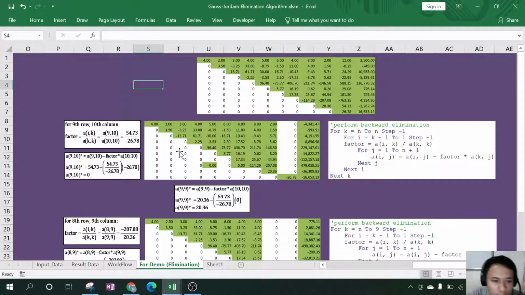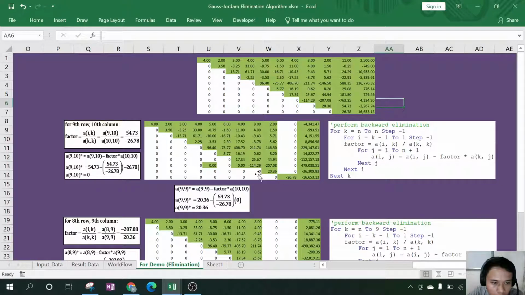From our previous data, from the finish of forward, we need to perform step 1 for the backward. So that is negative 54.73 over negative 26.78. So this is our factor.